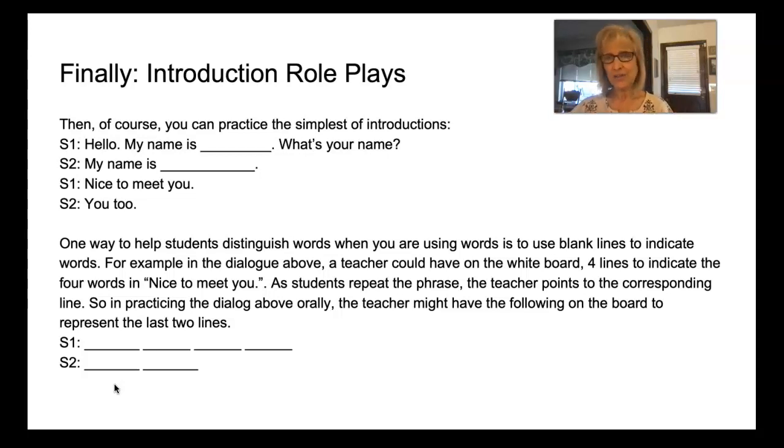So again, keeping in mind that these last two phrases students are repeating without reading. You don't have the dialogue on the board. You don't have the dialogue in front of them. So one thing I would like to do is put a blank line where students are supposed to supply words. So they know that nice to meet you is 4 words. You too is 2 words.